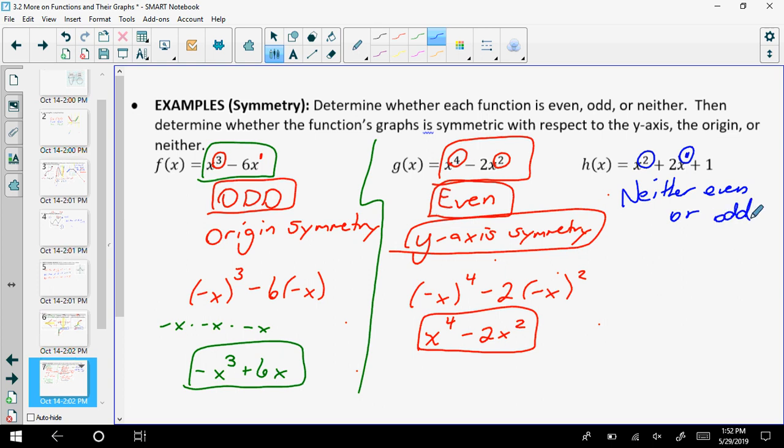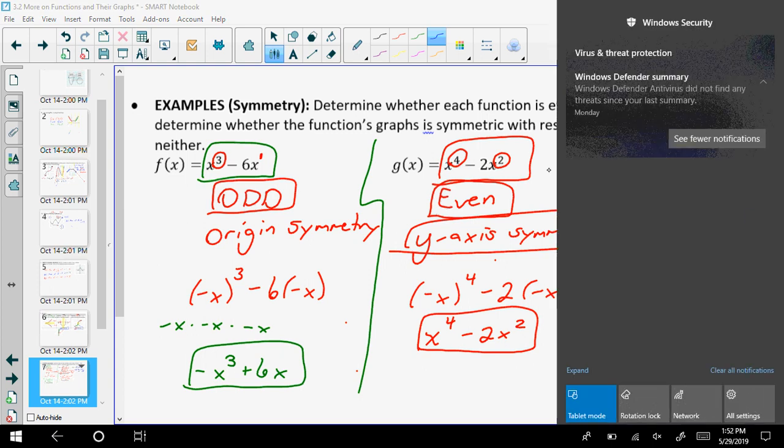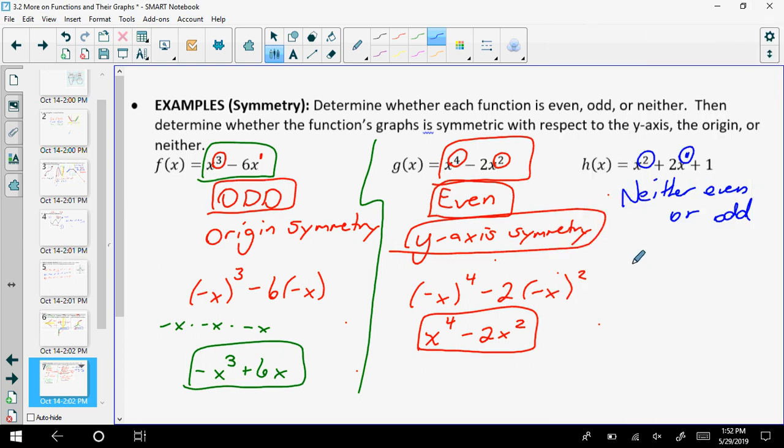If I wanted to check this algebraically, if I did my simplifying, a negative x times a negative x would be x squared minus 2x plus 1.